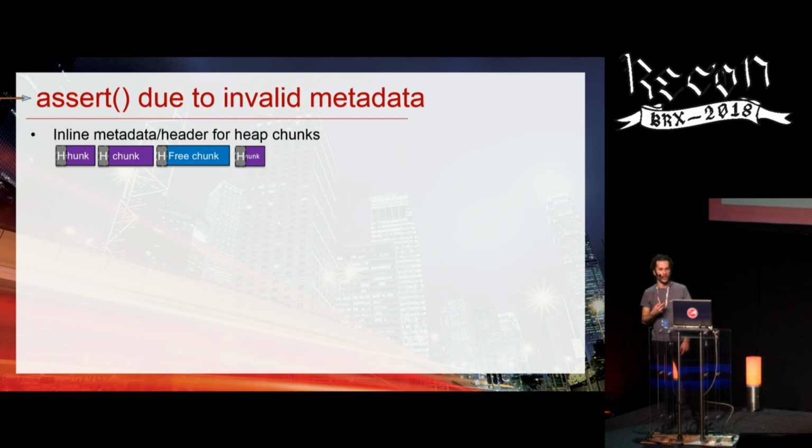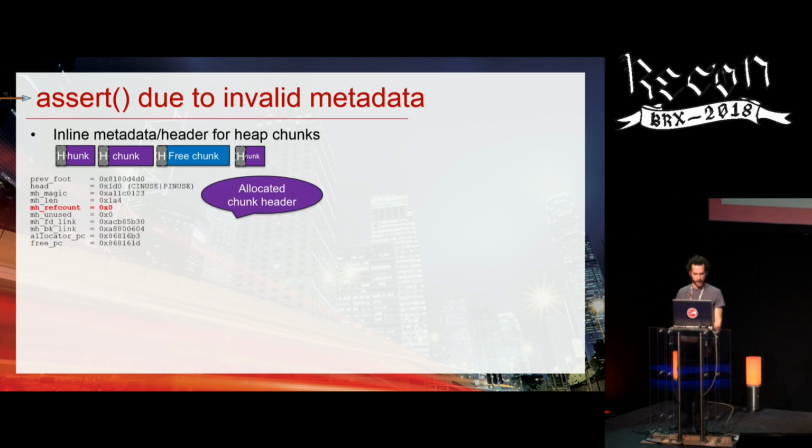So remember, I was saying the ASA actually used dlmalloc or ptmalloc, depending on the version, but both have a header, metadata for each chunk inlined. Basically, if you're familiar with dlmalloc or ptmalloc, you have prev_foot and head, which are the two fields specific to dlmalloc or ptmalloc.